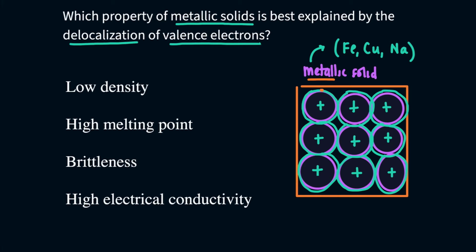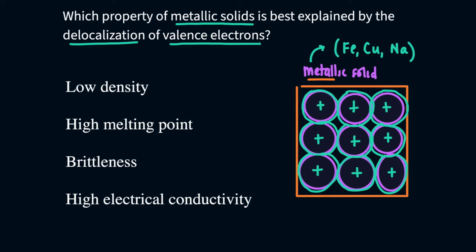Here's my electron. It can go here, then in here, and then in here. It could basically go anywhere it wants because there's a highway map between all of the orbitals for the electrons in all of the atoms. That's what is meant by delocalization of valence electrons.